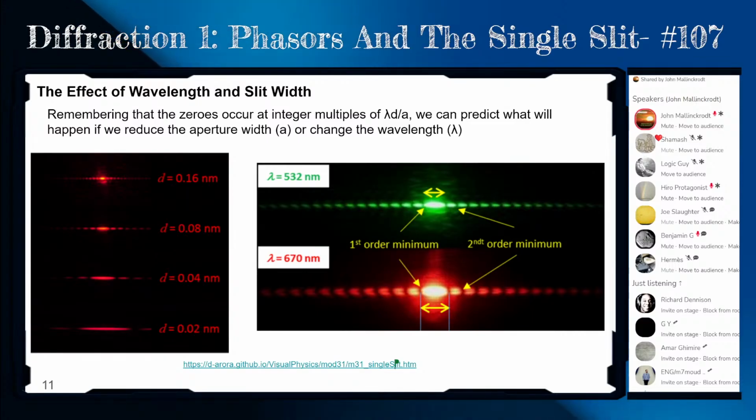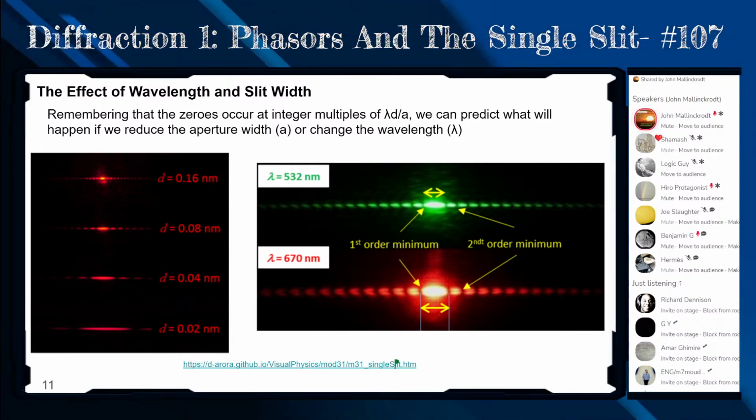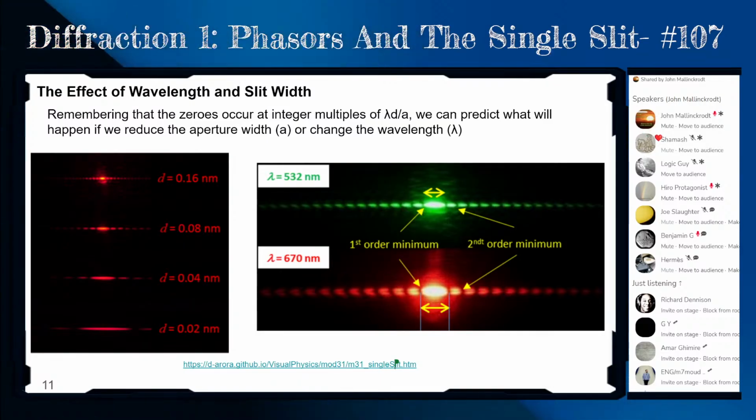I will point out that if you shine very dim light on a single slit, and you have a CCD detector behind that, a sensitive single photon detecting apparatus of some kind, you'll find that each photon lands at some weird place on the screen, right?